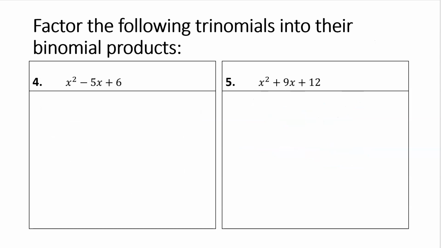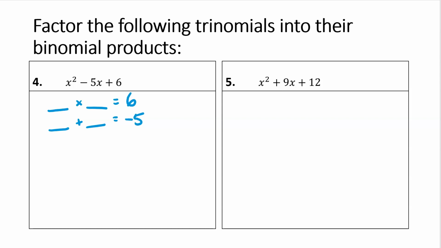Okay, let's start with example 4 here, x squared minus 5x plus 6. Same process. We want two numbers that multiply to give the last one, which is 6. Those same two numbers, we want to add them to get the middle number, which is negative 5. When you're trying to figure out what these two numbers are, don't worry if you get them wrong.